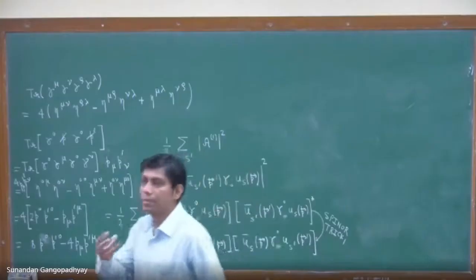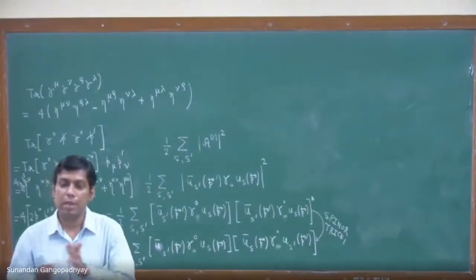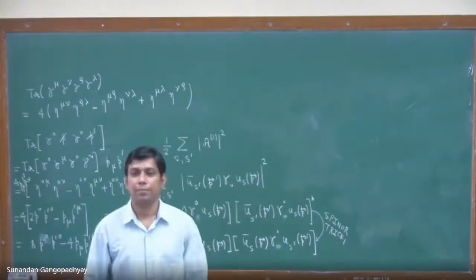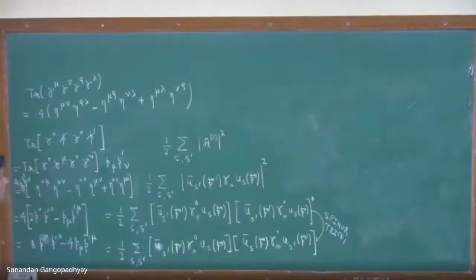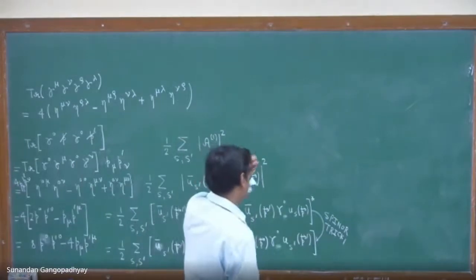With respect to these matrices, the P's are like numbers. These are 4-vectors in the space time, in the flat space time. So there is no commutation relation. You can put it anywhere you like.